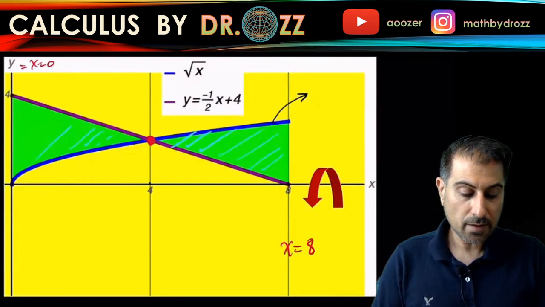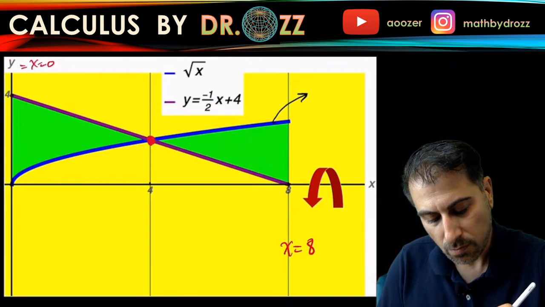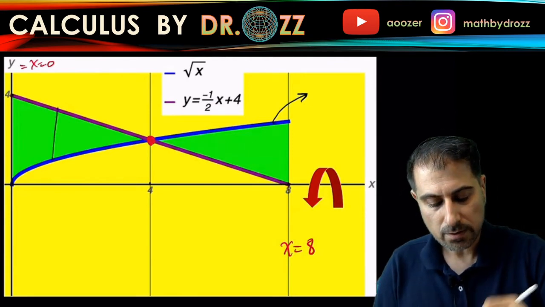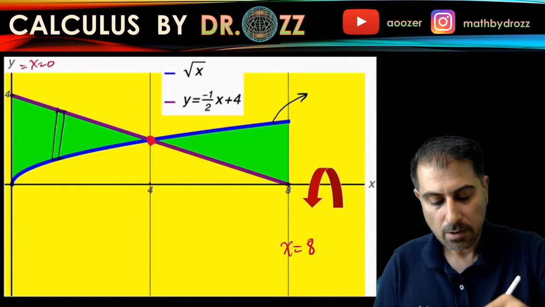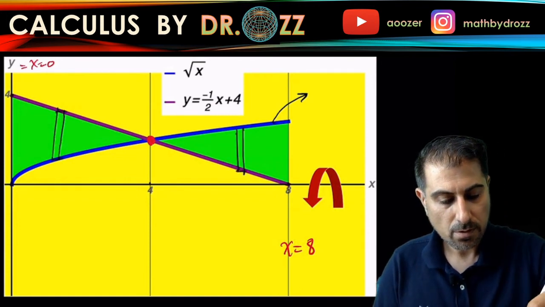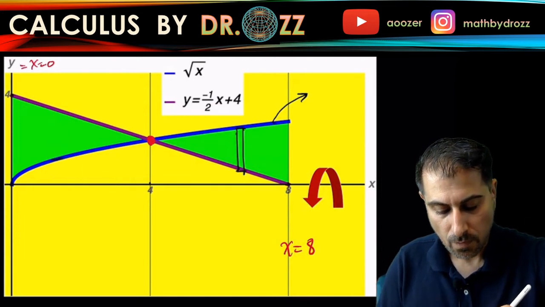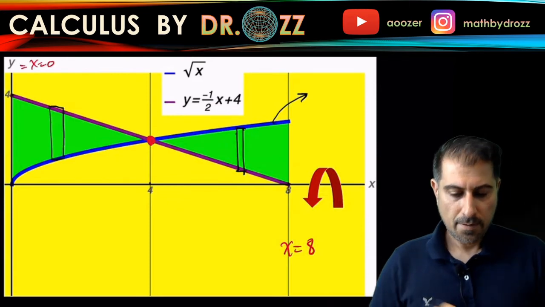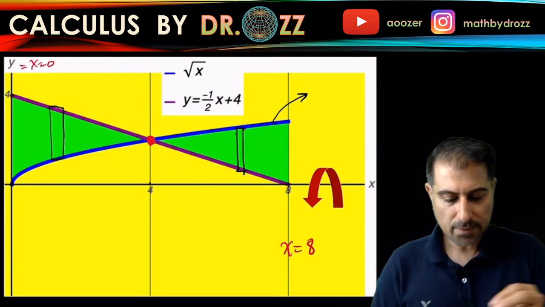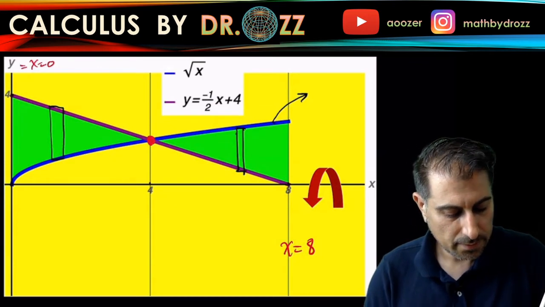One thing that we have to pay attention to is that we have two different regions, and here, if you take a slice in the first region, okay, let's take a slice like this, and then let's take a slice as well in the second region. Let me make this look a little more like a slice. All right. So you got two different slices with thickness dx and thickness dx.